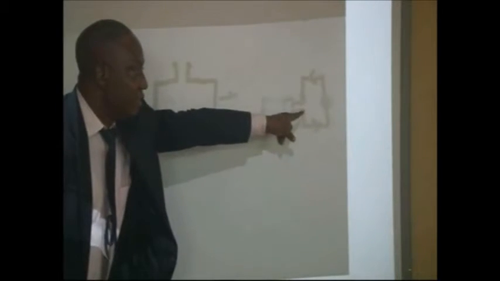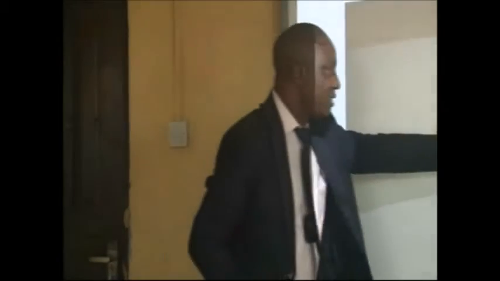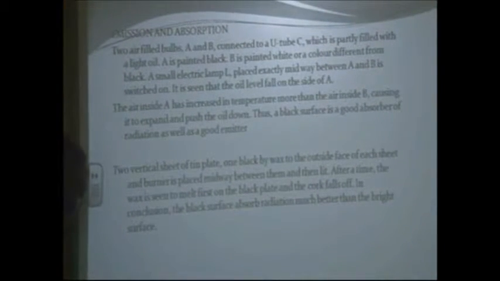Depending on the color of the side, the deflection of the thermopile will differ. When the black surface faces the thermopile, the deflection will be larger, indicating that the black surface is a good emitter of heat. Good. So it shows the black surface is a good emitter of heat, and so a good absorber of heat.